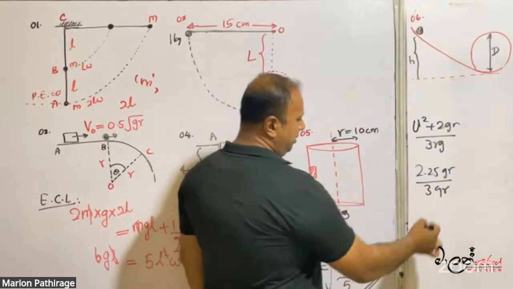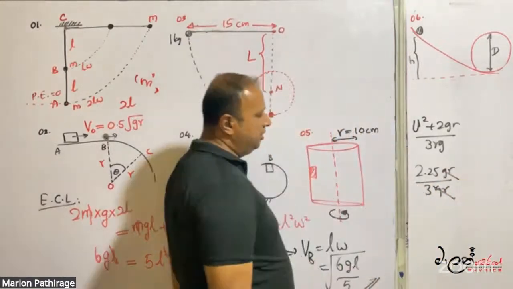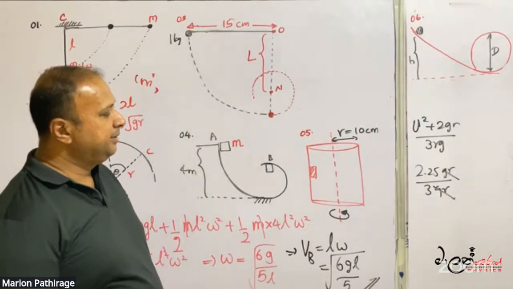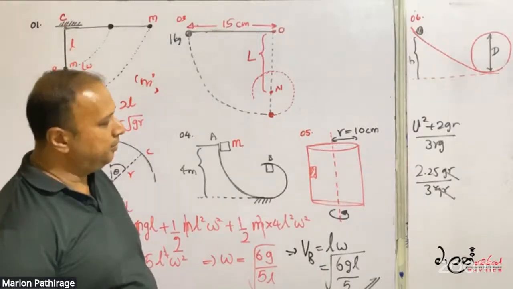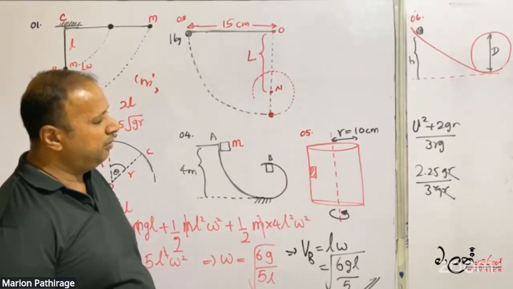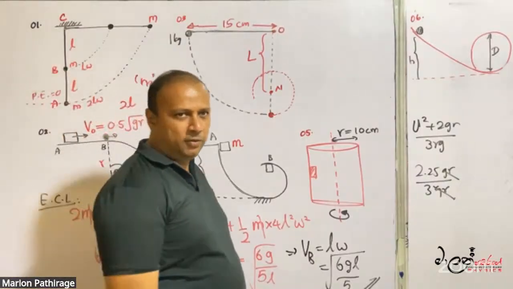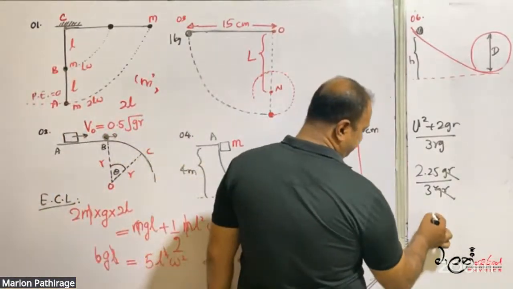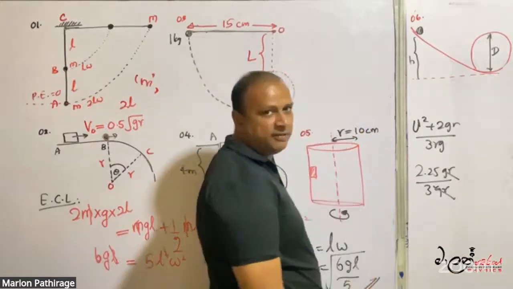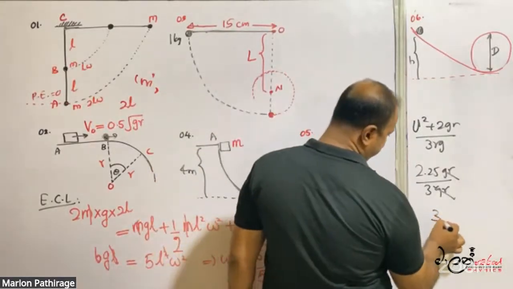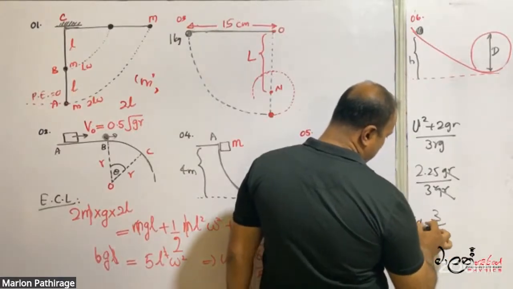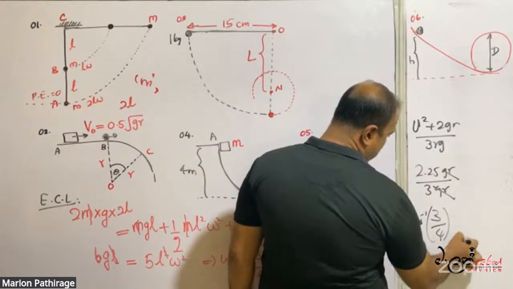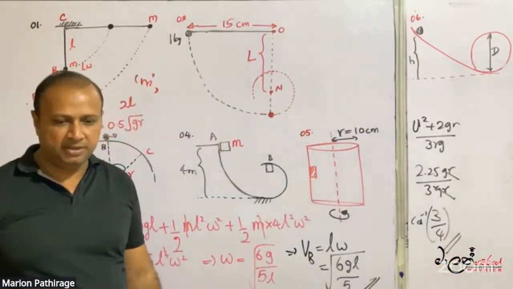Therefore, gr will be cancelled out. 2.25 over 3, that is 0.75. Therefore, the answer is cos inverse of 0.75.